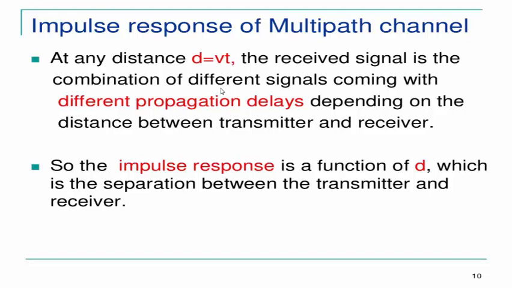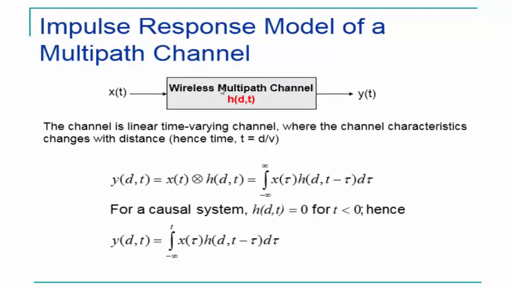So at any distance d, that is the TR separation distance, we can write d equal to v into t. The received signal is the combination of different signals coming with different propagation delays depending on the distance between transmitter and receiver. So the impulse response is a function of d, that is the TR separation distance.